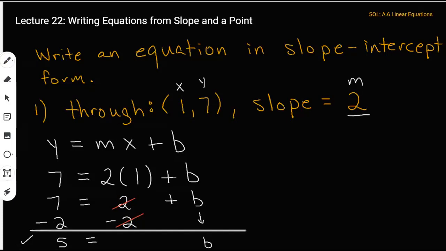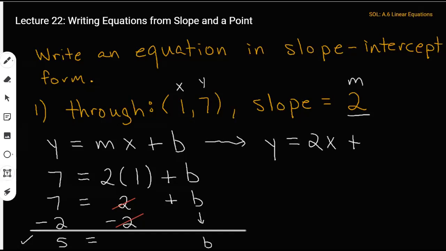And now I can write out my answer in slope-intercept form. So y is just going to be a variable. I need my m. M is going to be the 2. So I'm going to have 2x plus b.